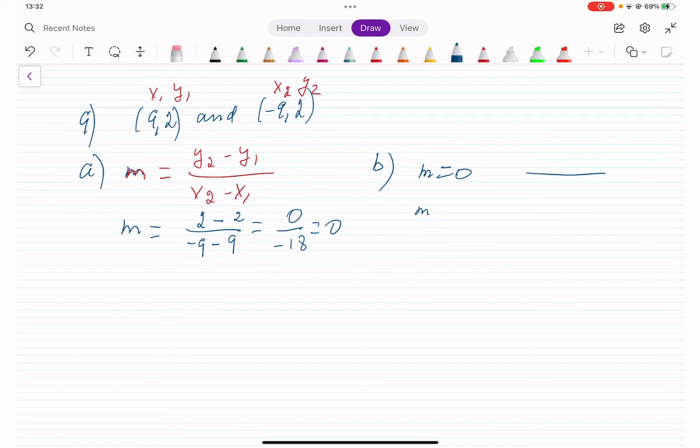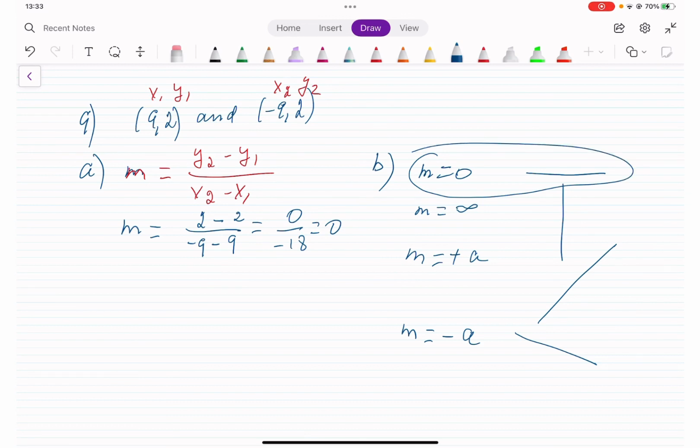Every time the slope is infinity, the graph is vertical. Every time the slope is some positive number, the graph goes up. And every time m is some negative number, the graph is going down, negative slope. So in this case m is 0, which means we have a horizontal line.